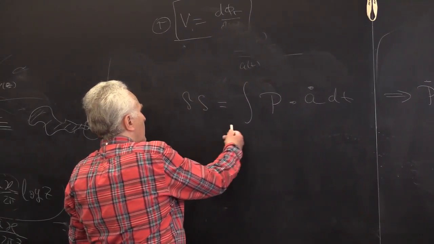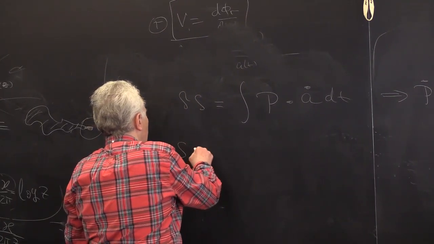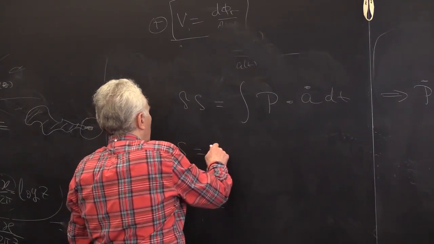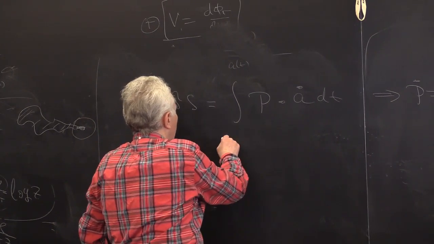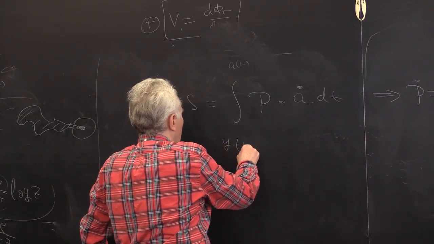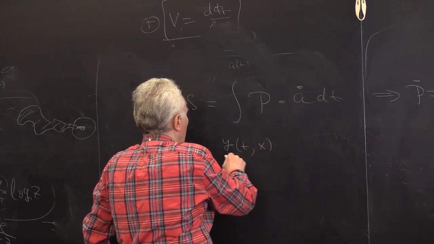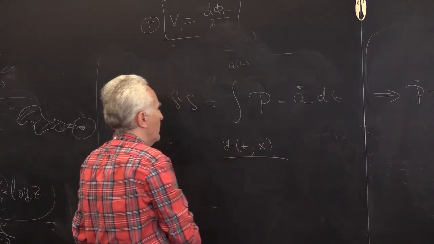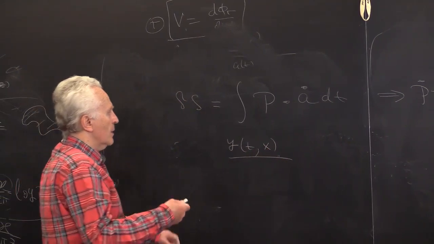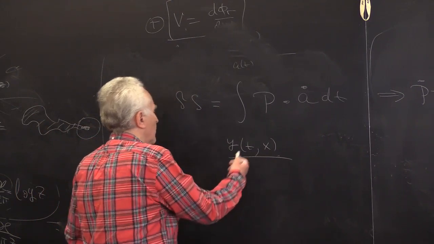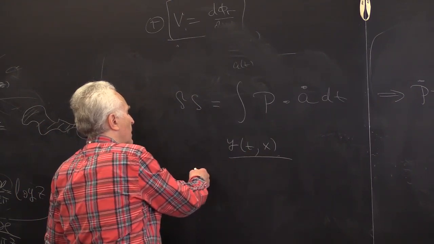I give you the simplest example. Suppose we have the action, we have the position, the function y, which depends on t and x. We looked at it in one of our examples.